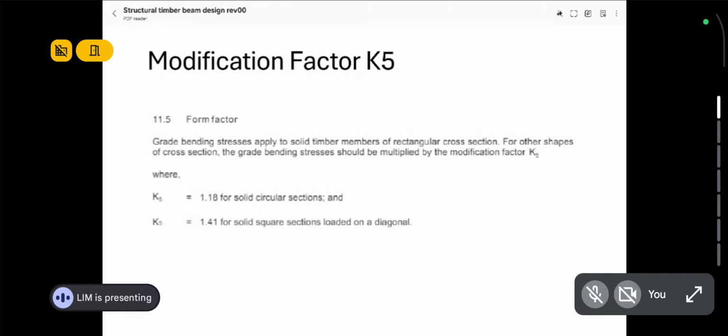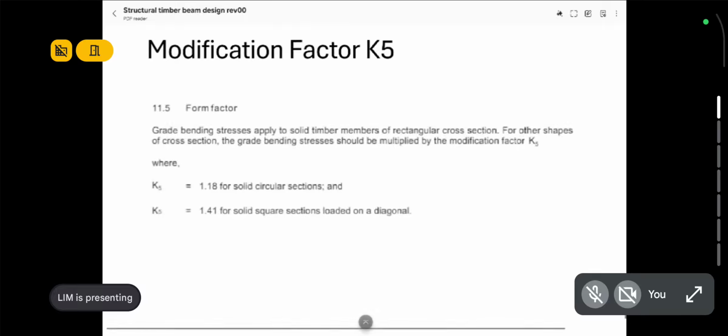It means the shape of the beam. Sometimes you may use a circular section, or sometimes a square section. If your beam is circular section, you use a K5 of 1.18, or if the beam is solid square, you use 1.41. Simple.